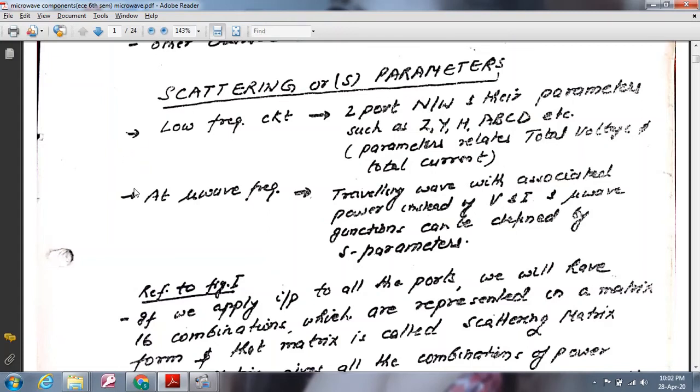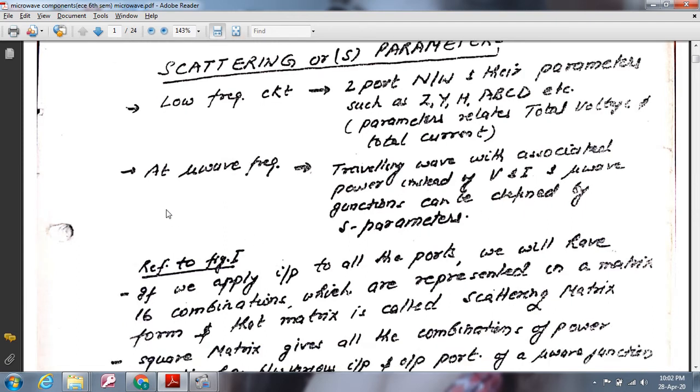But when we deal with microwave energy, microwave frequencies, traveling wave with associated power instead of voltage and current and microwave generators can be defined by S parameters. So here, because we are dealing with microwave frequencies, instead of XYZ parameters, the parameters will be termed as S parameters or the scattering parameters.